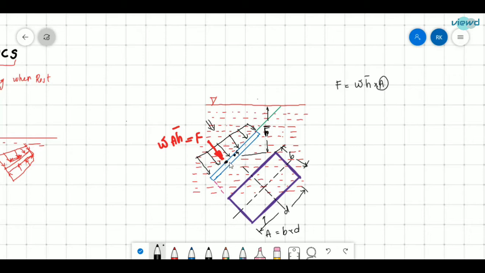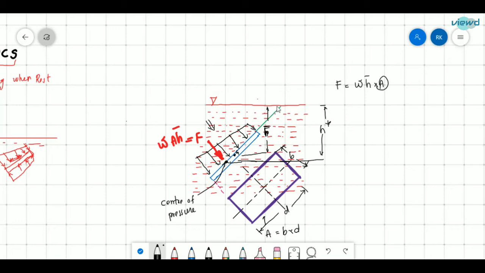This is because the pressure distribution varies and is not constant, so that will be somewhere below it. Let me say that this is h star, and this point is called the center of pressure.